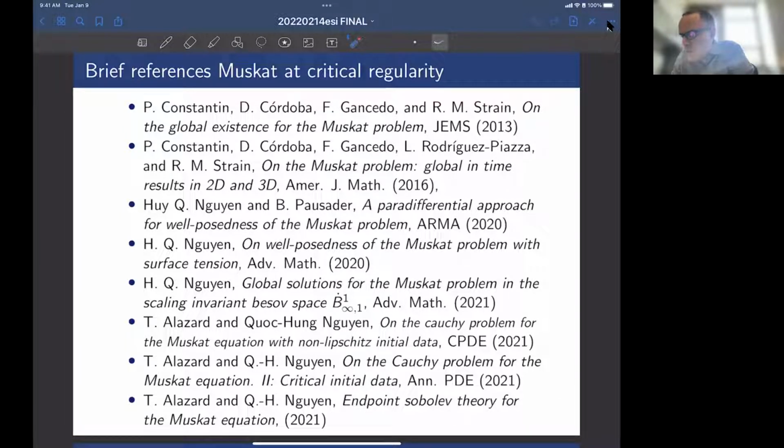They use this trick of studying the problem with initial data that's logarithmically subcritical, and then you can use that logarithm.